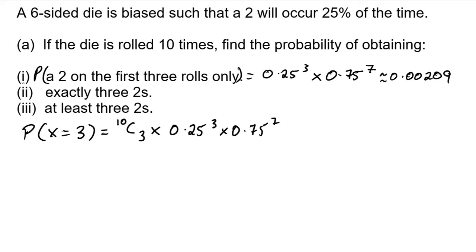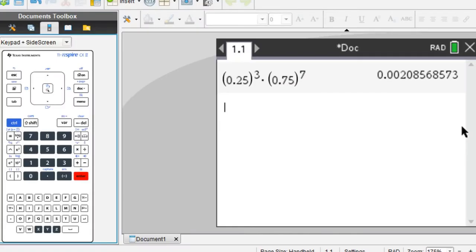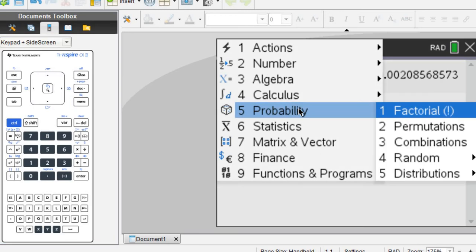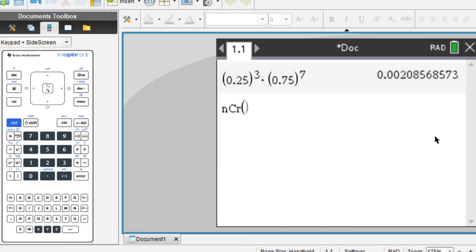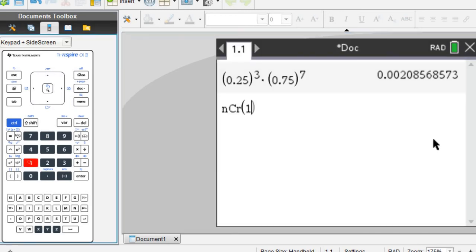And so what we have is the same probability we calculated in 1, but multiple different ways of achieving that. On your GDC, remember we can do N choose R going through menu, probability, combinations. And then we simply go 10, 3.